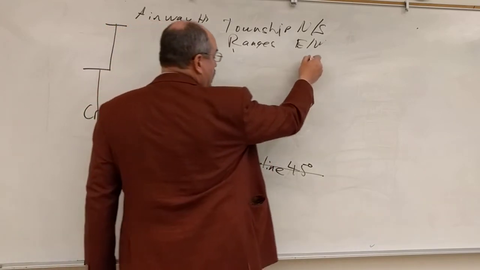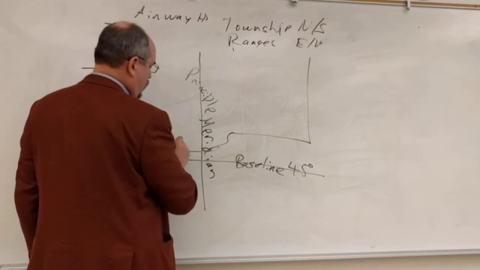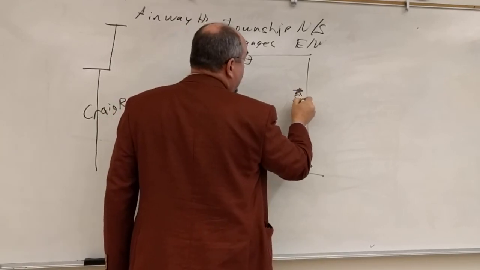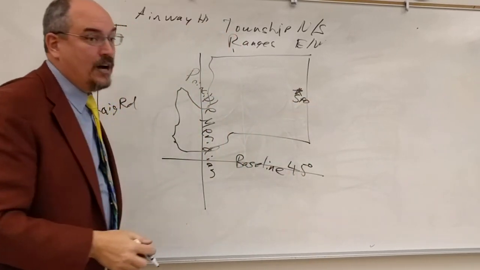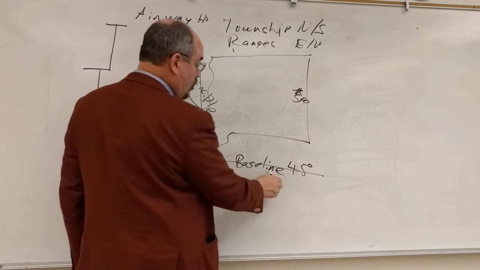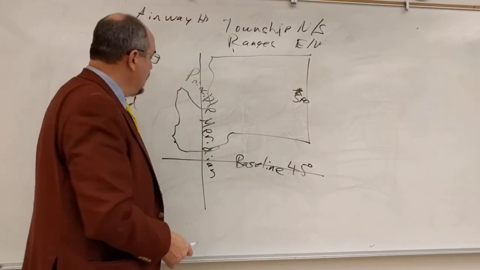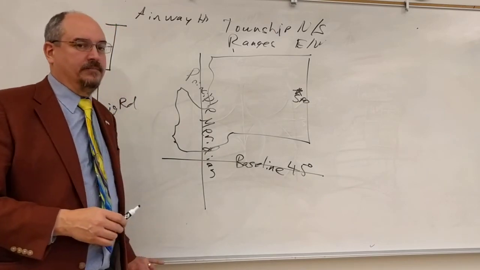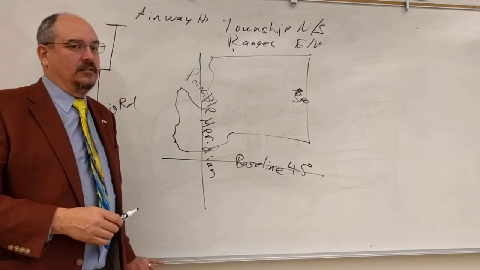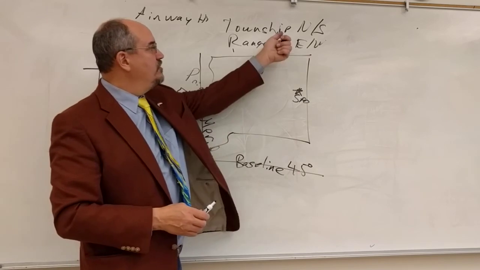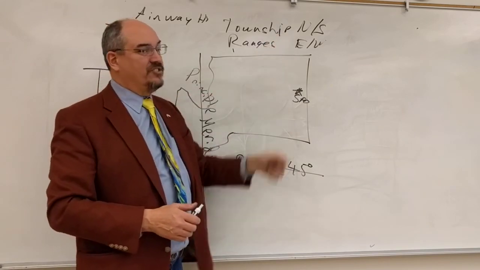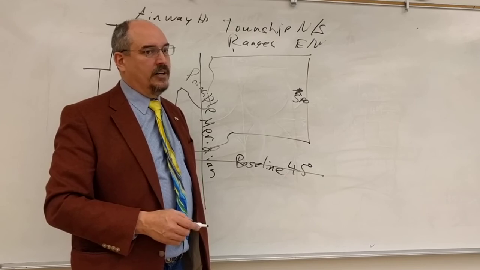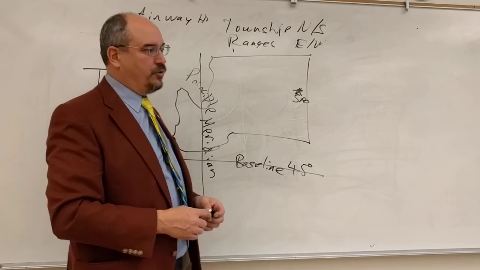If you're over here in Spokane, your townships are always north of this baseline, and your ranges are always east of this principal meridian. If you look at your land title and your township doesn't say north or your range doesn't say east, congratulations, you just bought yourself a lawyer. It's going to take you a lot of money to get that one sorted out.